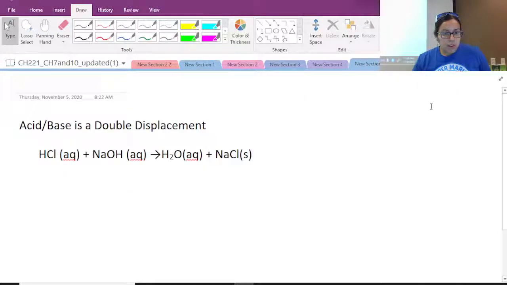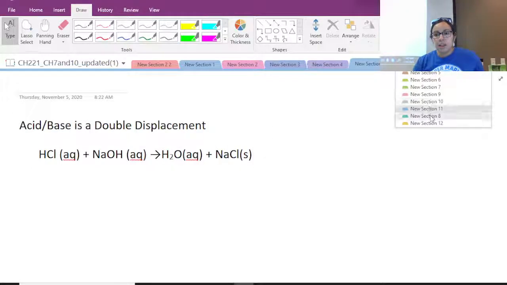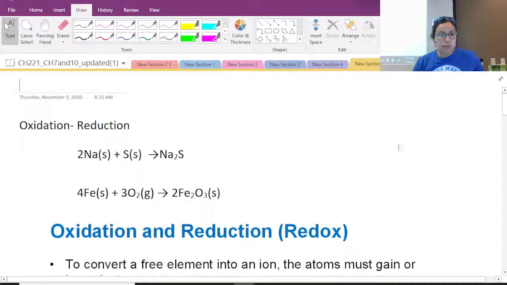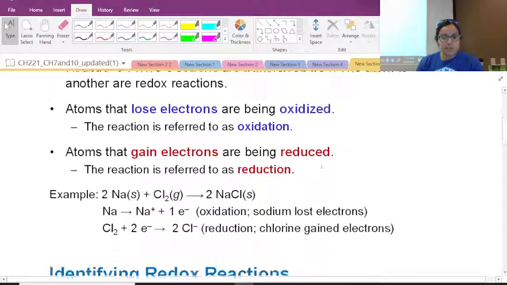All right, we're running out of time. So we saw acid-base was a double displacement. The last thing that we didn't talk about was oxidation reduction reactions, which we could talk a lot about in detail, so we'll have to visit this next week.